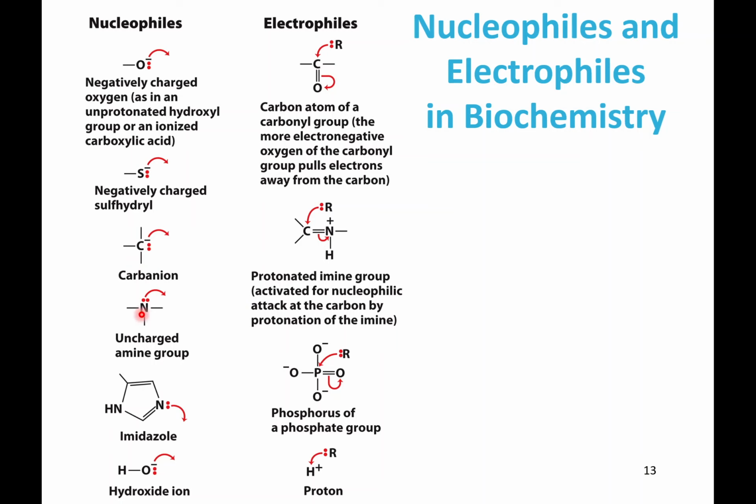Also amine groups that are actually uncharged, and not only amines but things like imidazole. The histidine side chain has a nitrogen that can be a nucleophile. Some electrophiles, as I mentioned, are the carbon atom in a carbonyl group, and there are some others. One of the more important ones is phosphorus in a phosphate group, and we'll see many examples of those.